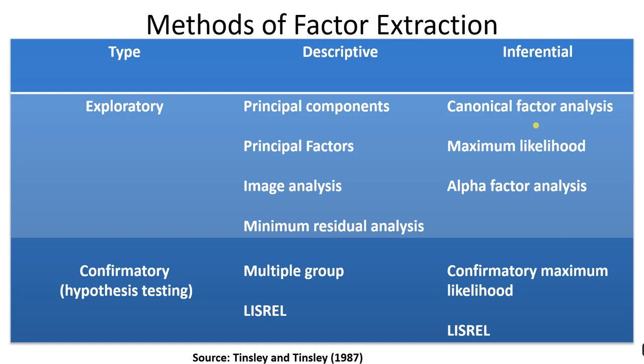Both of them utilize the method of maximum likelihood, but canonical factor analysis is generally preferred when we are interested in individual differences in terms of factor scores. So canonical factor analysis maximizes the canonical correlation between the set of variables and the factors obtained.